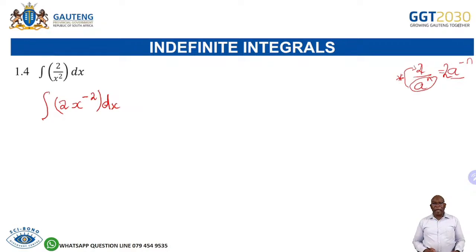So now in this case, I can then integrate. Now for me to integrate, I'll have 2x. I've got minus 2. What should I do on top, on the exponents? Plus 1. We must always check what it is that we are working with. Which variable am I working with? Now I'm working with the x.